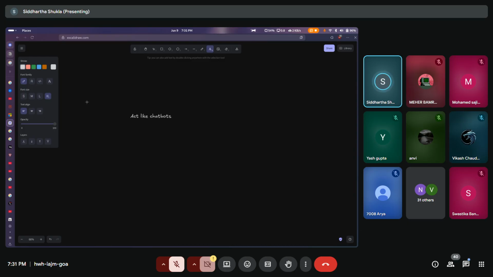A system prompt is given to these LLMs, and it basically tells the LLM that it is a chatbot and needs to respond to the user as if it were a chatbot. So it sets up that context, and that thing is called a system prompt.